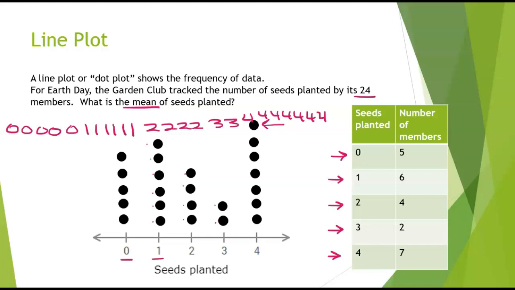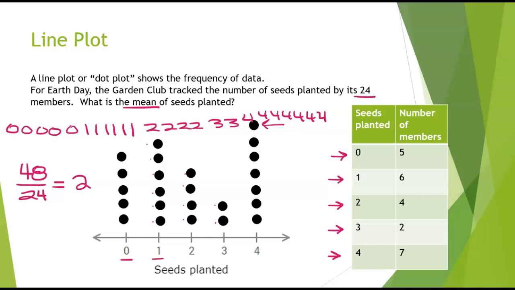Once you add those together, you get 48. 48 seeds were planted by 24 people. So each person planted an average of 2 seeds.